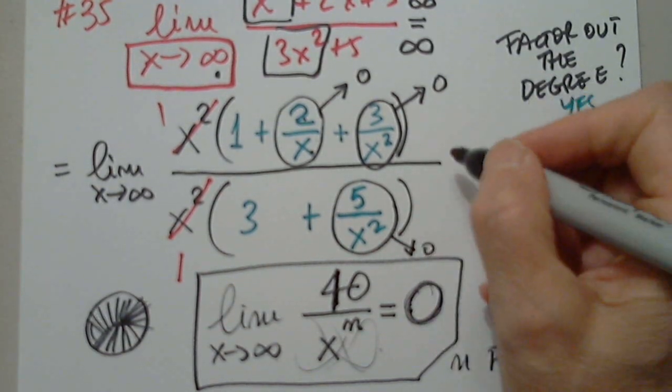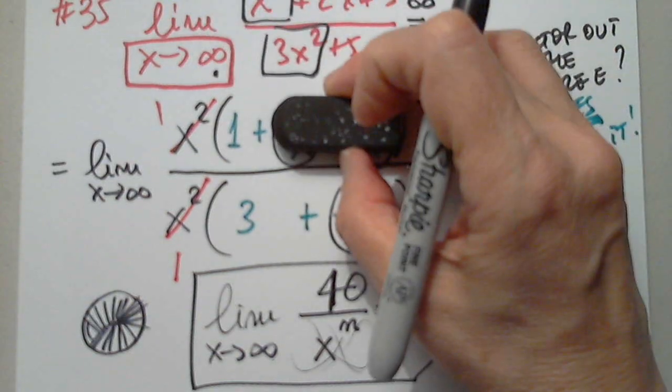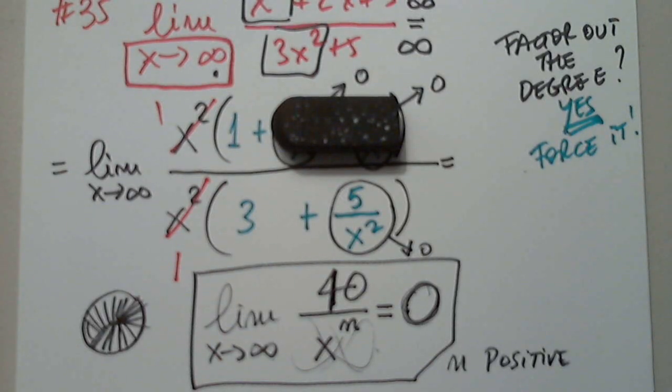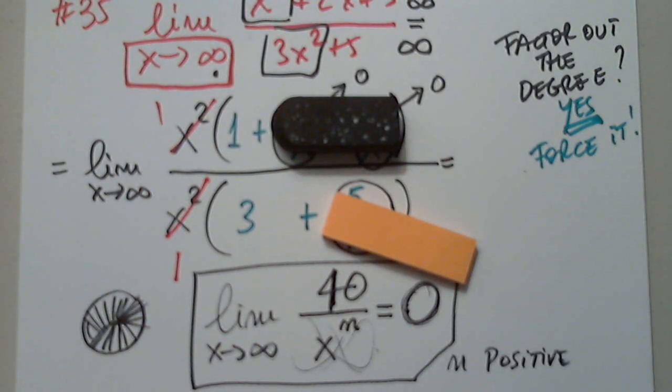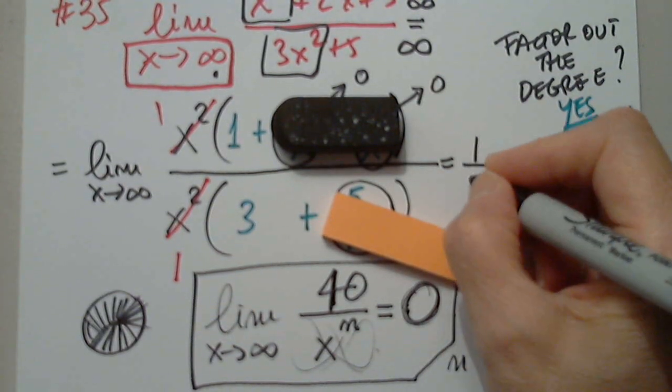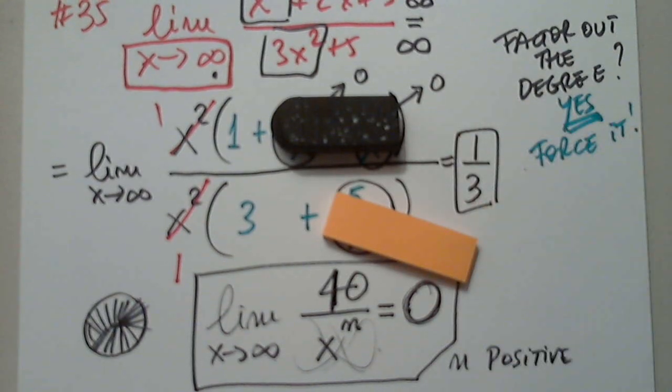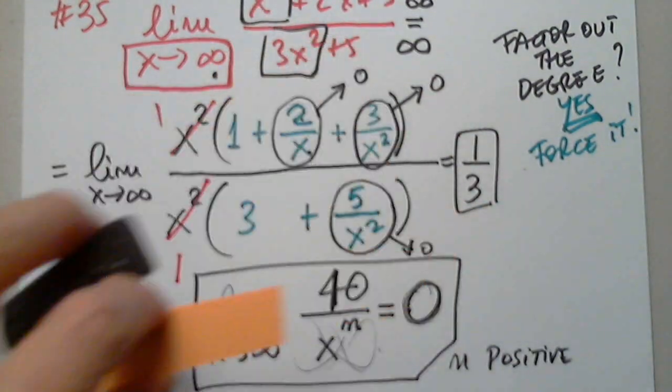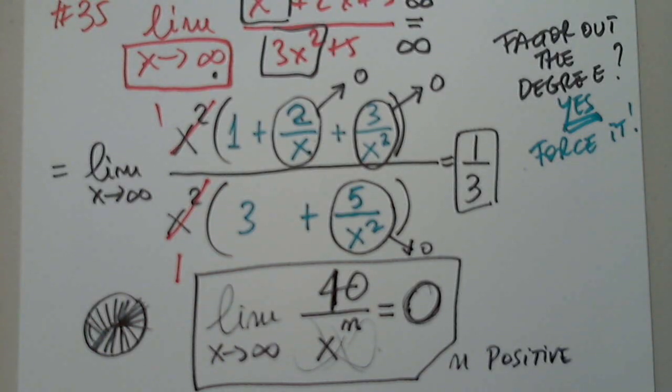Yeah. Excellent. And now we can identify the final answer. What is it? 1 over 3. That's it. That is it.